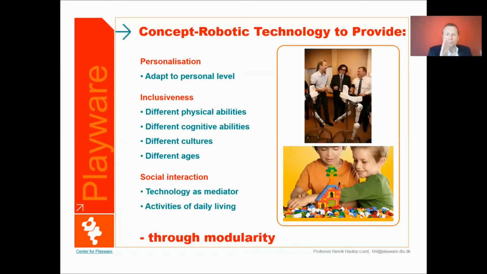And the example I will take here is based on, we want to create something that can adapt to all these people who have different physical abilities, different cognitive abilities. They may be raised up in different cultures. They may have different ages and so forth.